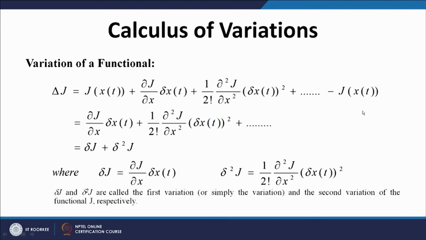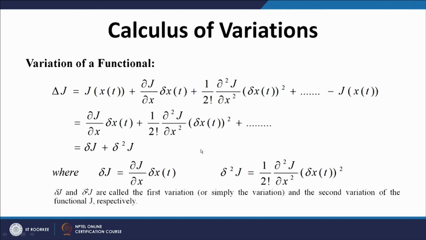This j of x t will be cancelled out. We are left with del j by del x delta x t plus 1 by factorial 2 del 2 j by del x square delta x t square plus higher order terms. If delta x is considered to be very small, then the first term is the first order term del j by del x.